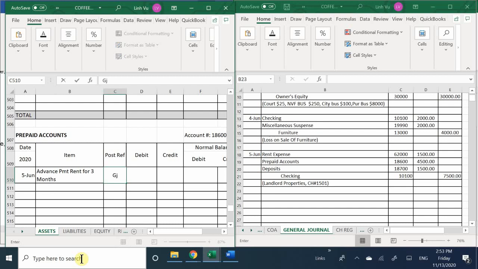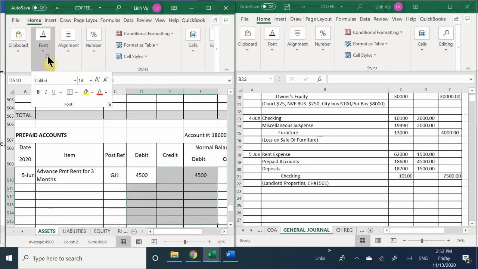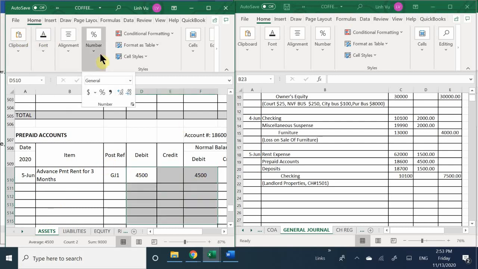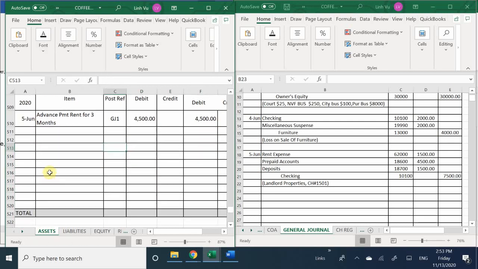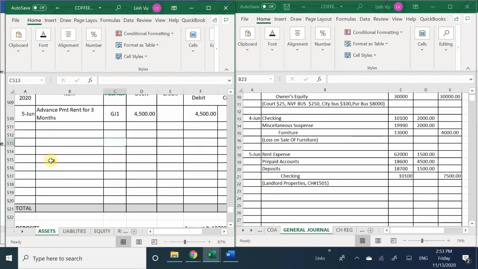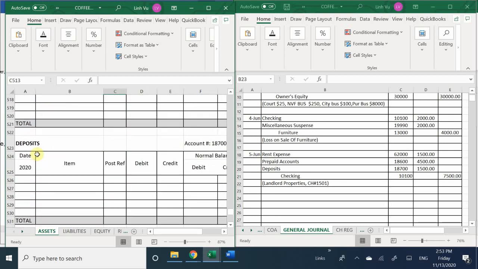General journal number 1. And it is for $4,500. Making my account balance also $4,500. Okay. And then I have right underneath it, the account table underneath it is my deposits.